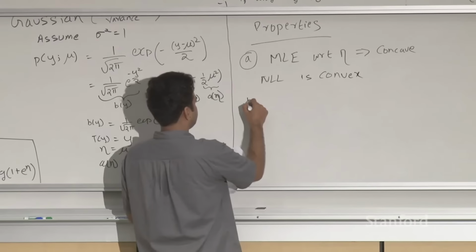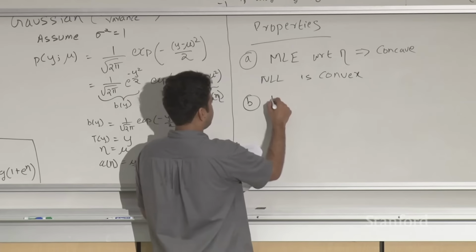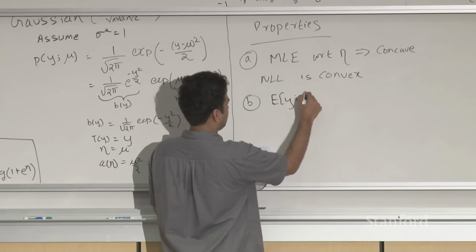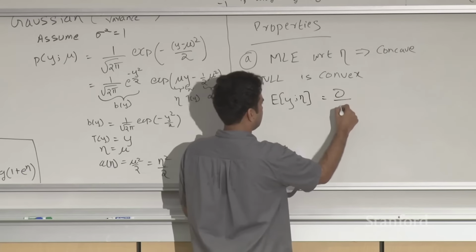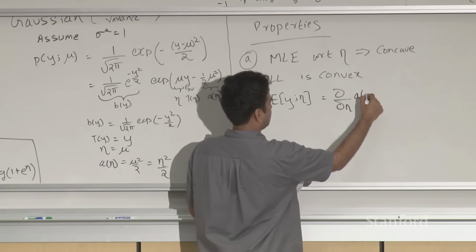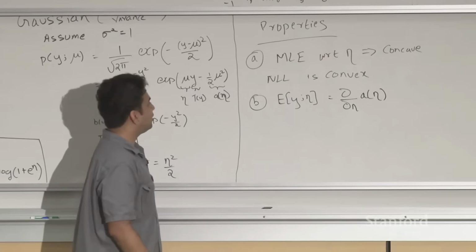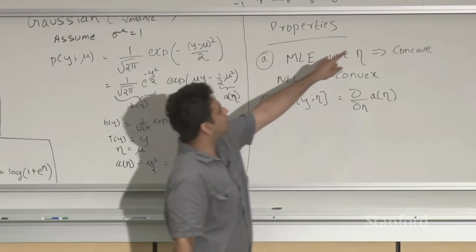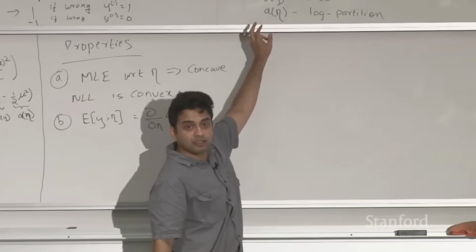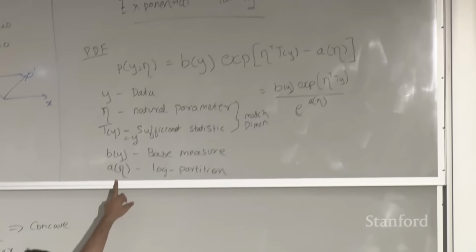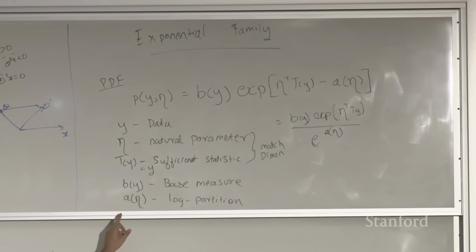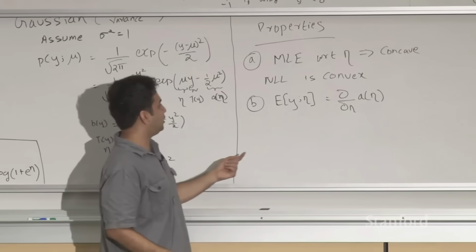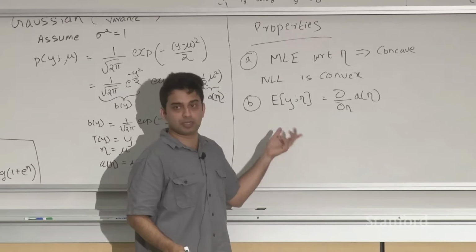There's also the expectation of y. What does this mean? For each of the distributions, we start with A of eta, the log partition function, differentiate this with respect to eta, and you get another function of eta, and that function is the mean of the distribution as parameterized by eta.